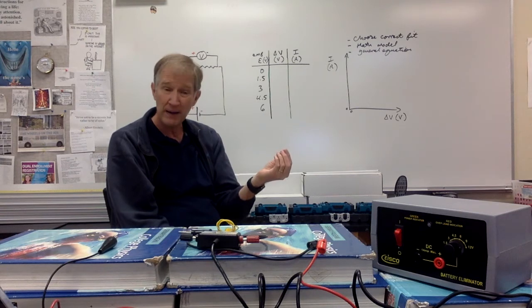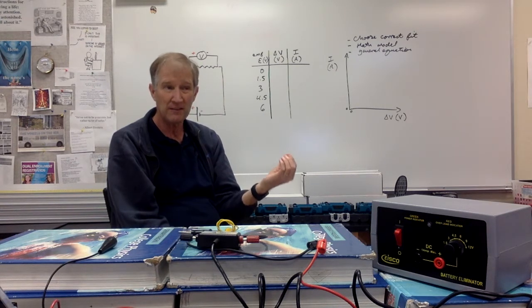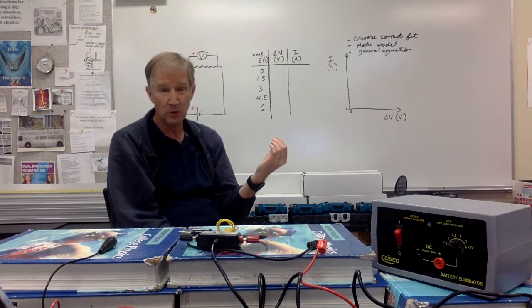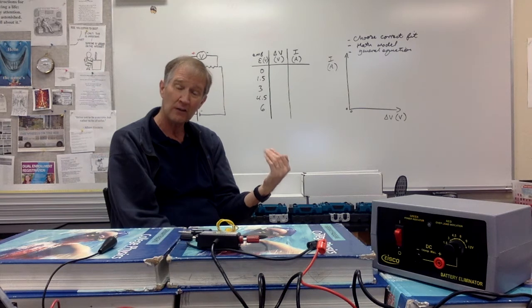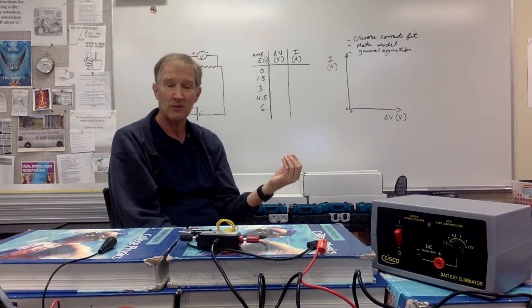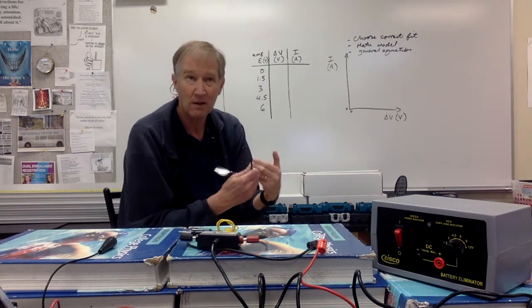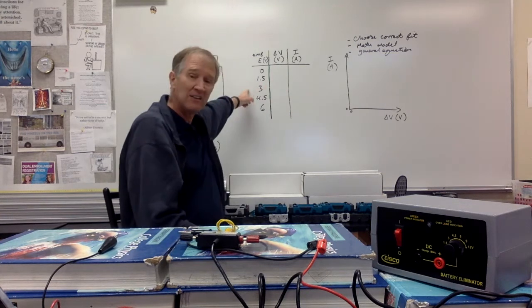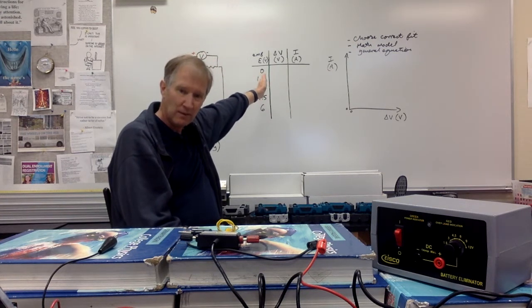You notice that batteries get a little warm when you use them. So some of that 1.5 volts gets dissipated in the form of heat inside the battery. When you turn something on and have an electrical current passing through it, things warm up, so you don't get quite as much energy out of it as it says on the battery. So EMF is the ideal value printed on the battery.